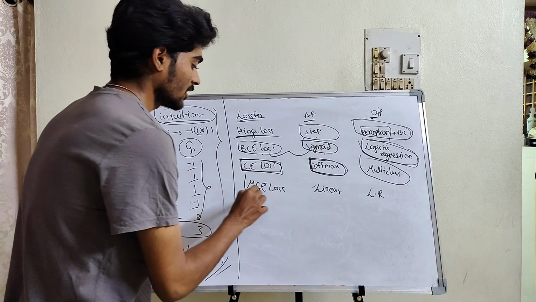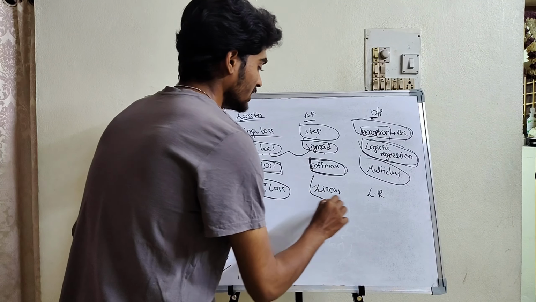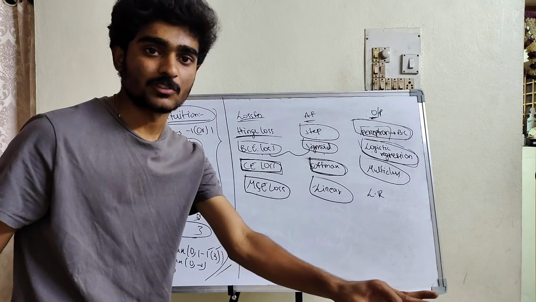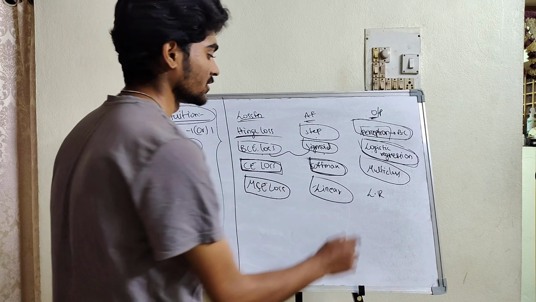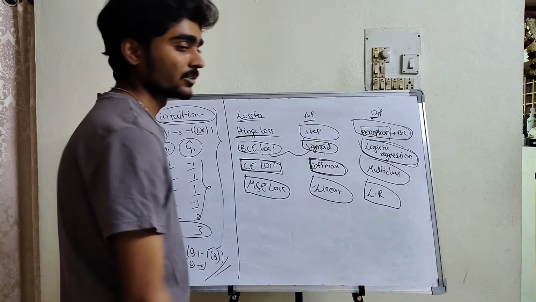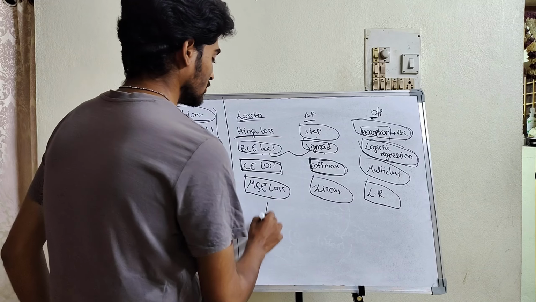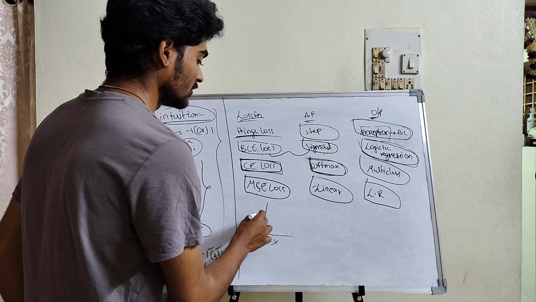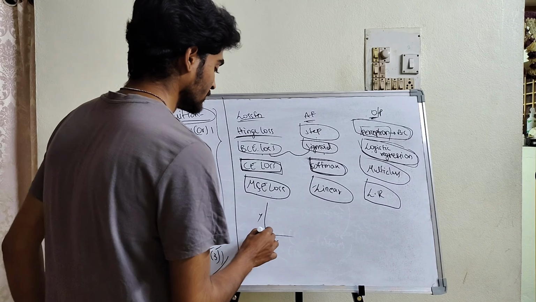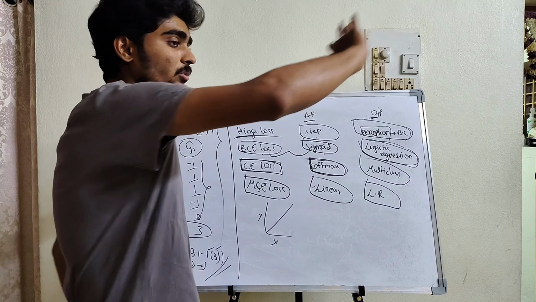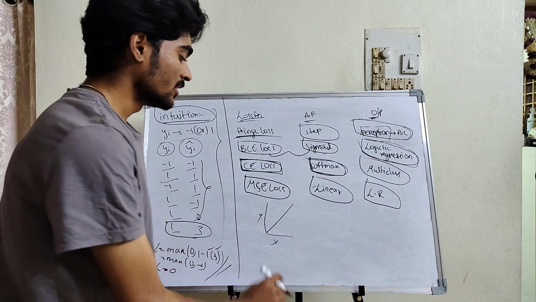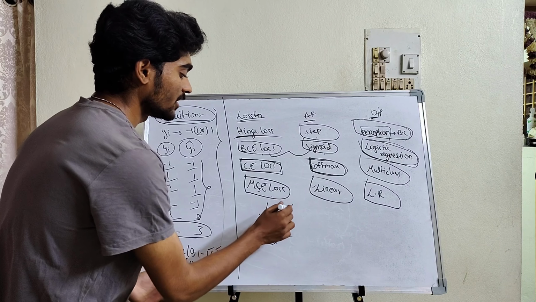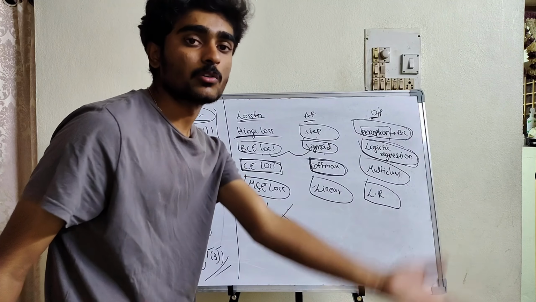Now let's say MSE loss with linear activation, meaning mean squared error loss with no activation function, is used for linear regression. Linear regression is used for examples like house price prediction. When your graph goes linearly up, it's called linear regression, where you are predicting future values, like future house prices.